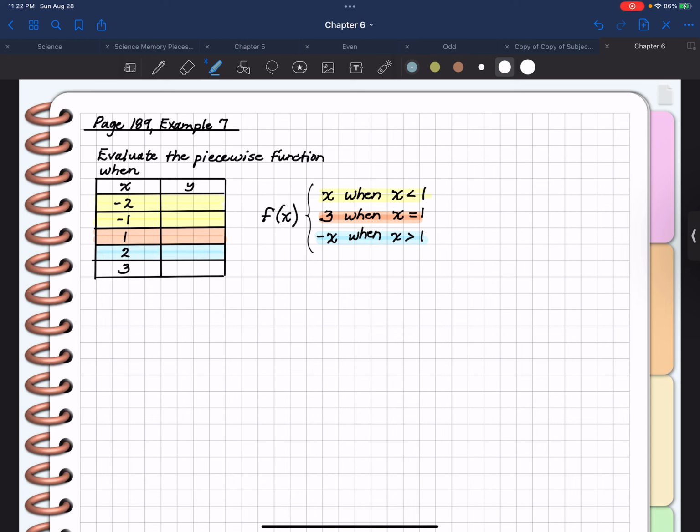And 3 is greater than 1, so this will be the blue function. So this explains how the pieces work, I'll use 2 yellows, 1 orange, and 2 blue.